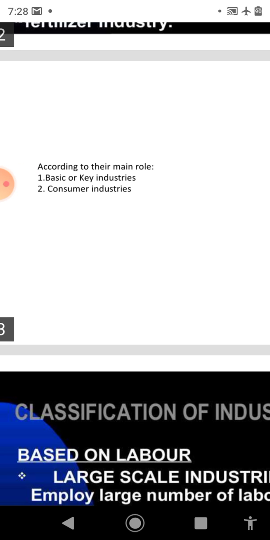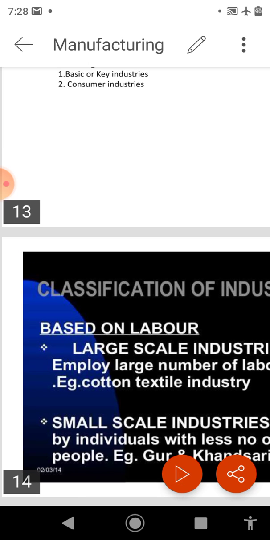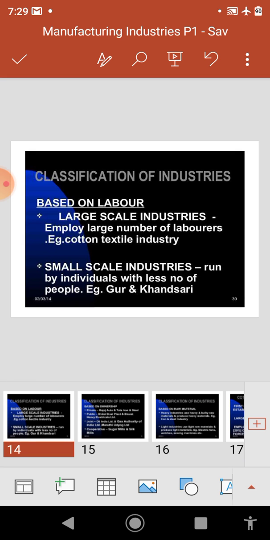Then another classification, that is on the basis of capital investment and labor employed. On the basis of capital investment and labor employed in industries, industries can be of two types: large scale industries and small scale industries.